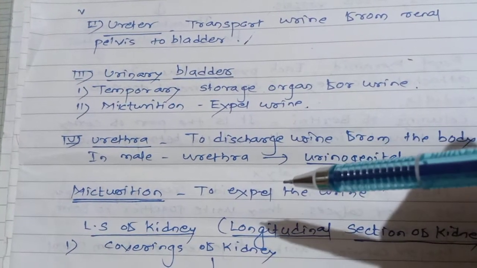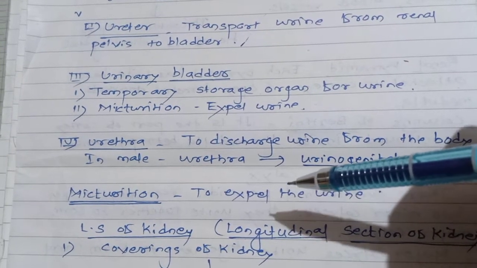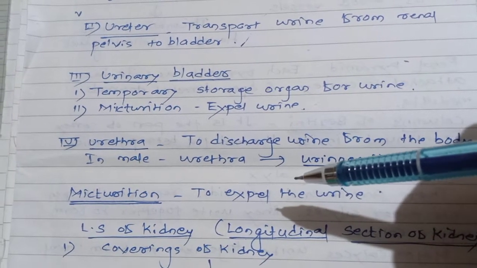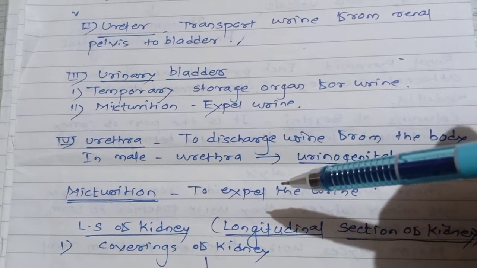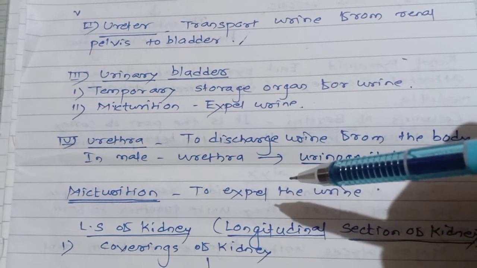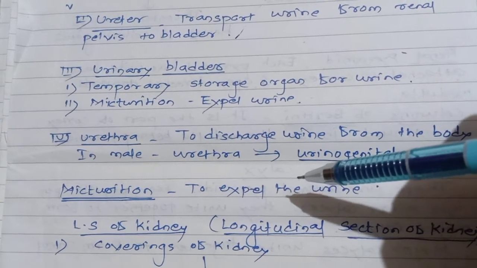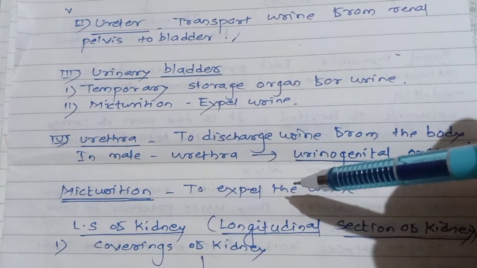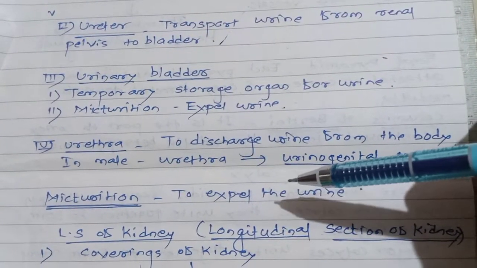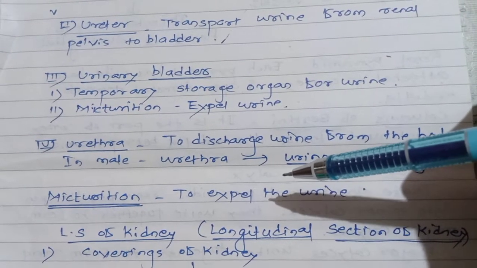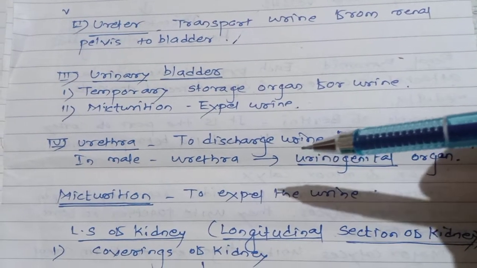And this initiates the conscious desire to expel the urine, so the person feels the urge to expel the urine. Here the micturition reflex center of the spinal cord transmits impulses to the urinary bladder and the internal urethral sphincter. The bladder muscles contract and the muscles of the internal urethral sphincter relax.